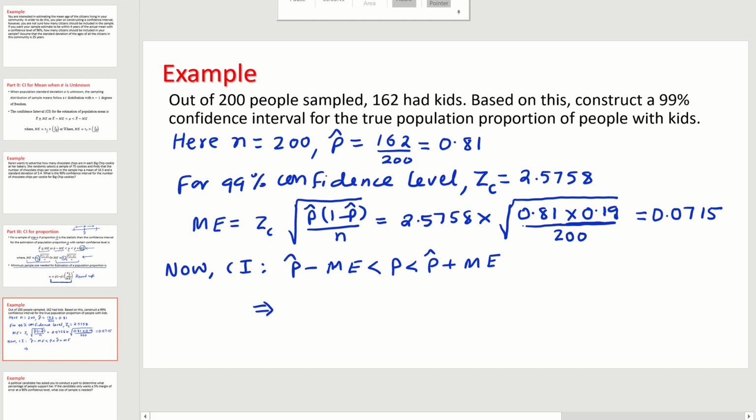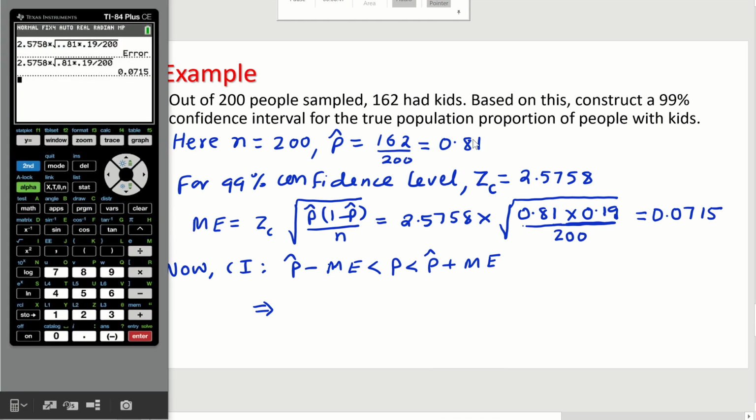Okay, let's find this in our calculator. P hat is 0.81. 0.81 minus the margin of error, which is 0.0715.